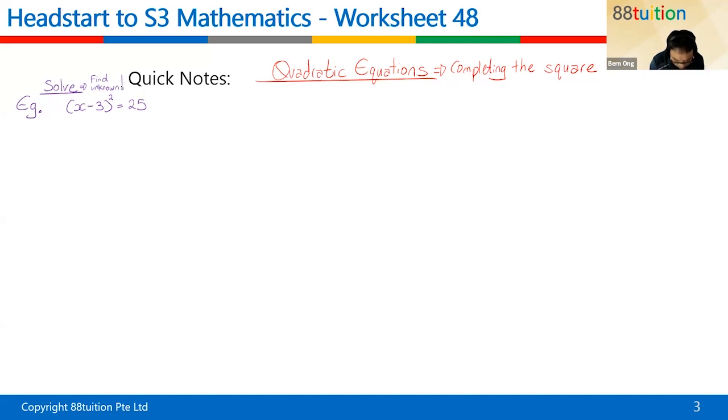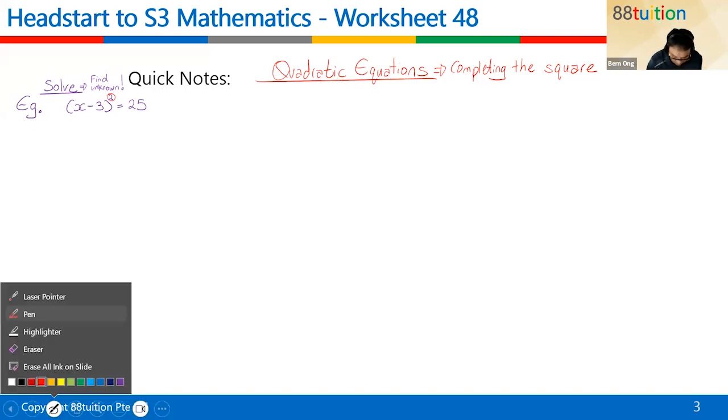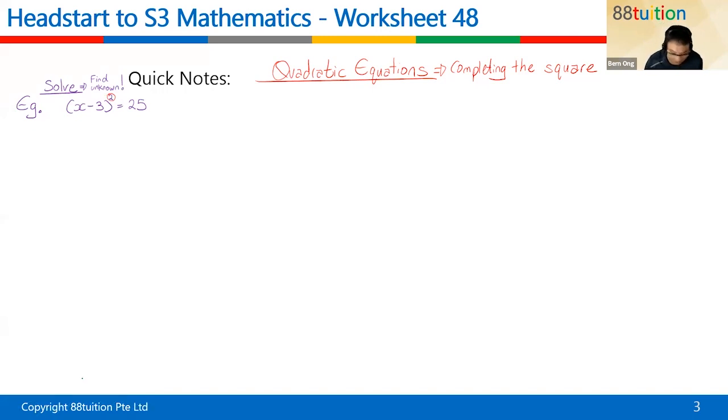Are you okay? Some of you, I know how to do, you say expand, because you see the square down here. Sure, expand. But there's some of you who don't know how to expand, seriously.